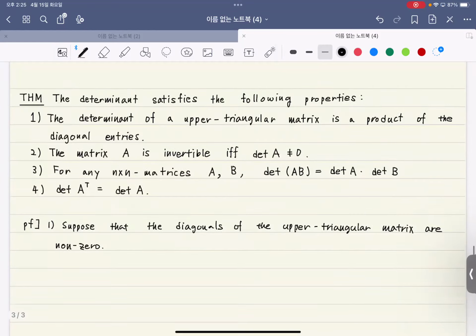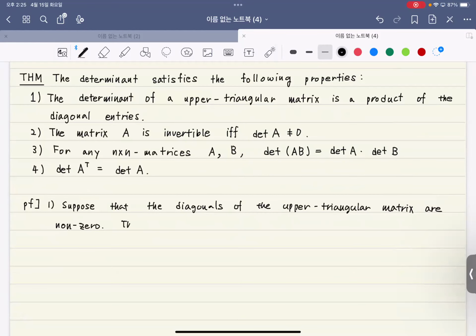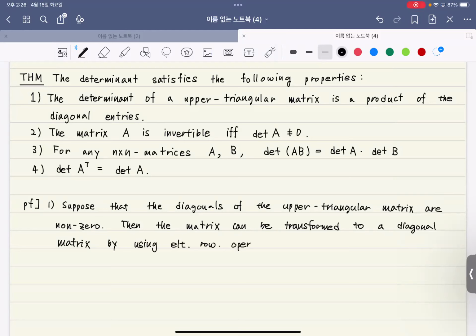So the matrix can be transformed to a diagonal matrix by using elementary row operations, without exchanging the order of rows and without multiplying any scalar to any rows.